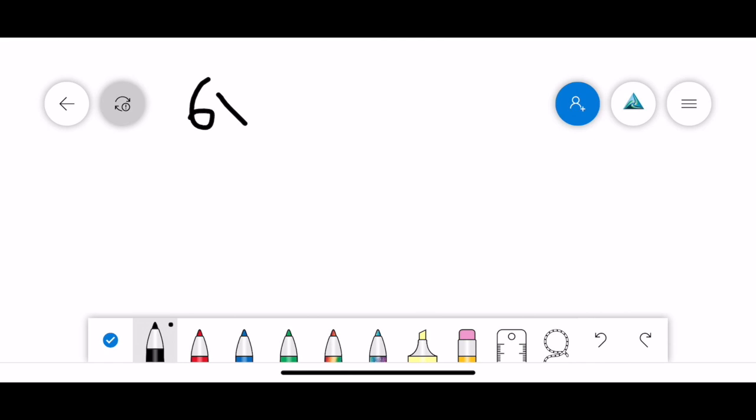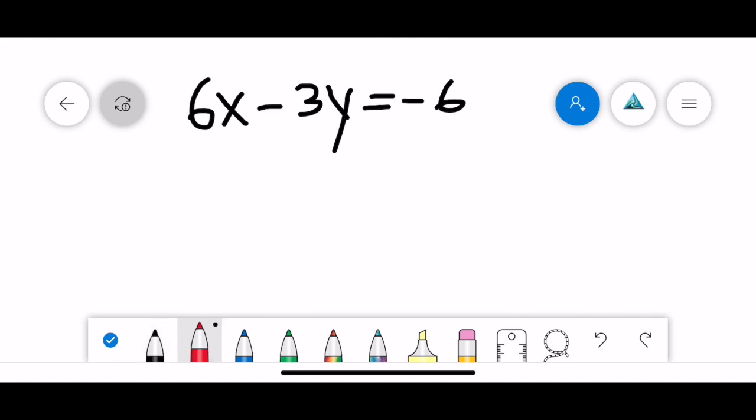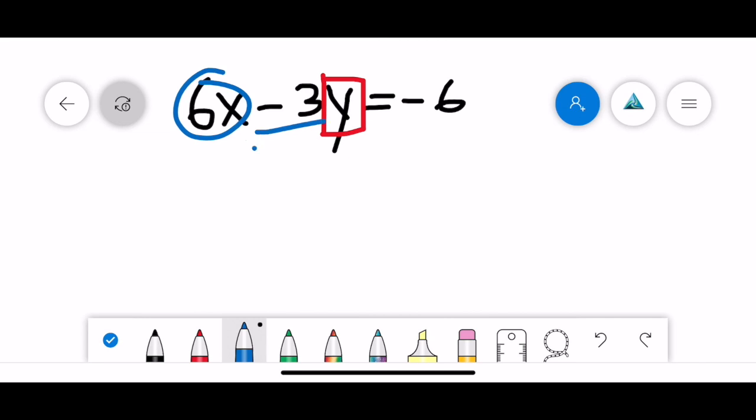Because line number 2 was not in slope-intercept form, in other words, y was not by itself, we have to first change it into the slope-intercept form, meaning get y by itself, to find the slope. To get y by itself, I have to get rid of the 6x and also -3.